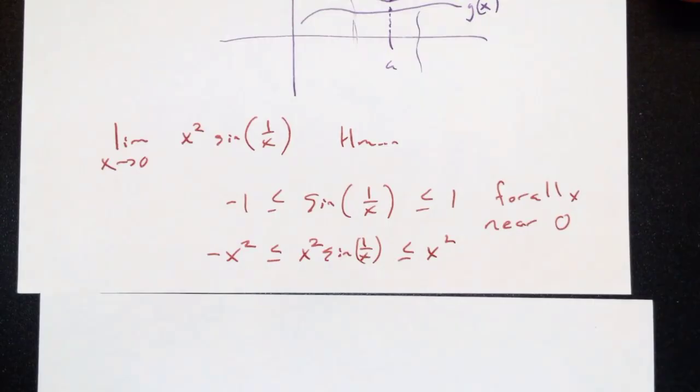If I think about the graph of sine of 1 over x, it's never bigger than 1. It's never smaller than -1. So if I multiply by x squared, which is always positive, I've preserved that inequality. I've kept those inequalities in the same order. I can compare functions using my comparison theorem right there.